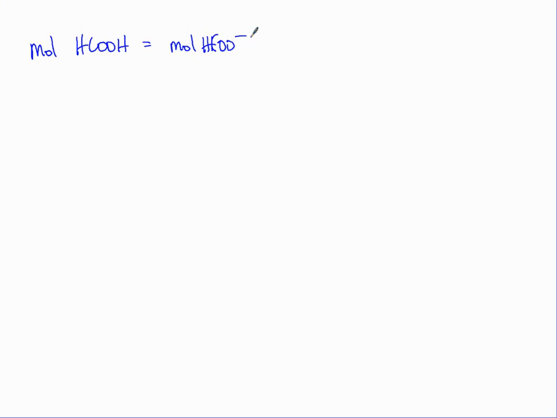So in part B, it says how many moles of solid sodium formate should be added to 100 milliliters of 0.1 molar formic acid to create this buffer. So we want to know how many moles of formic acid are here. That's just volume times concentration. 100 milliliters is 0.1 liters.